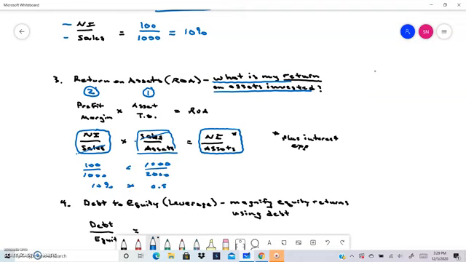And again, if we multiply those out, we're just going to get 100 over 2,000 because the sales cancel out, or 5%. Same thing here. If we were to multiply these out, 10% times 1/2 is going to be 5%. So return on assets is 5%.